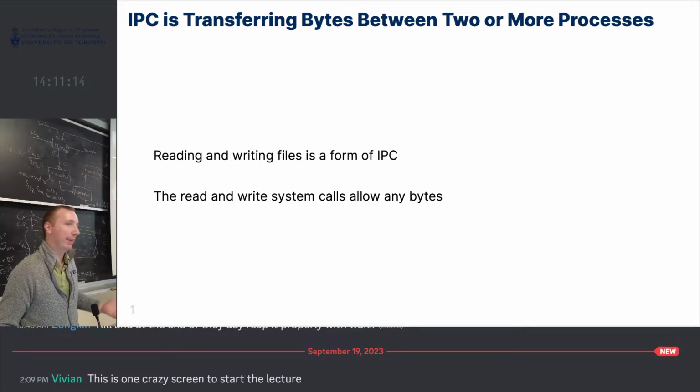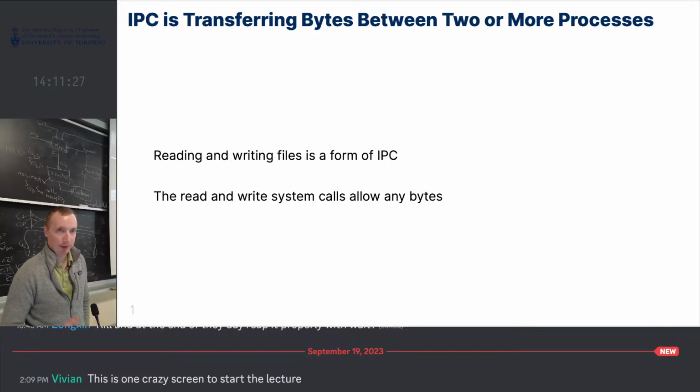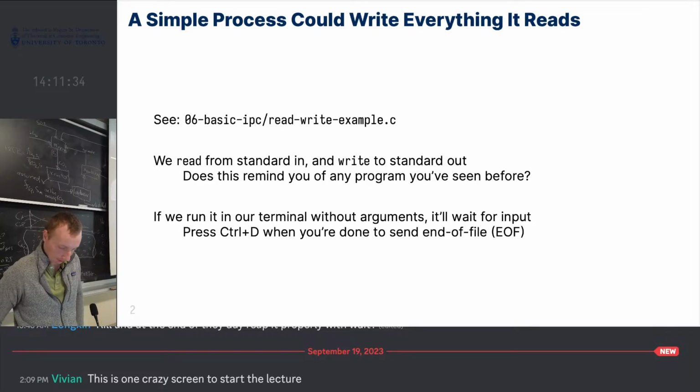So technically, that is IPC. You transfer data between two processes, and they weren't even running at the same time. Primarily, the read and write system calls are a way to just transfer bytes, and those file descriptors could represent a file, and that would be a form of IPC.